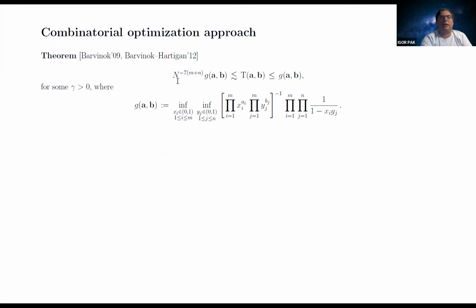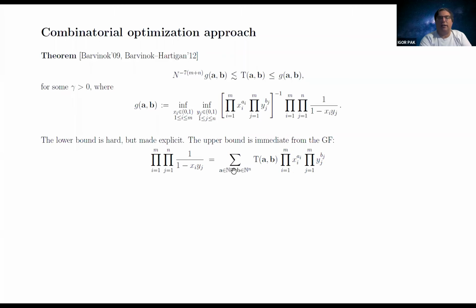This is basically C to the n log n. From a theoretical point of view, one can think of that as a good approximation, whereas this G is a horrible function. The way to think of that is you have some multivariate rational function here, which you optimize over 0-1 intervals.